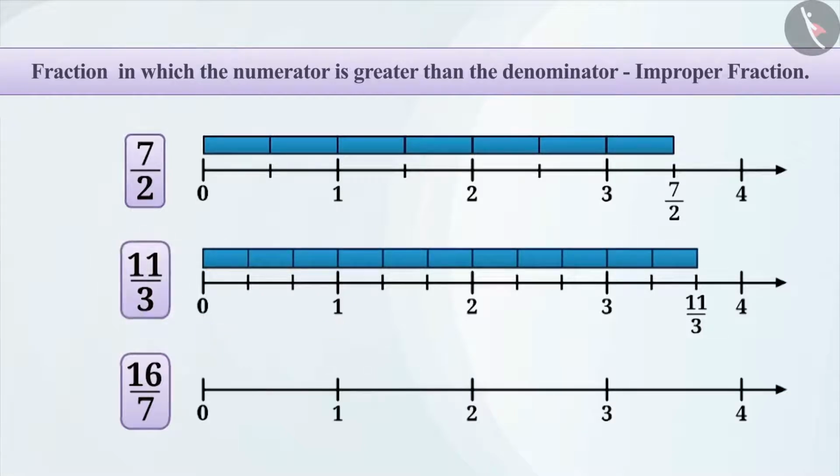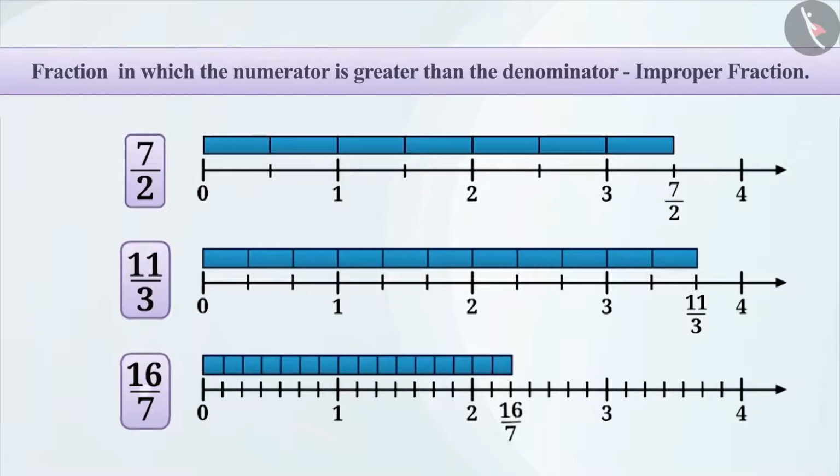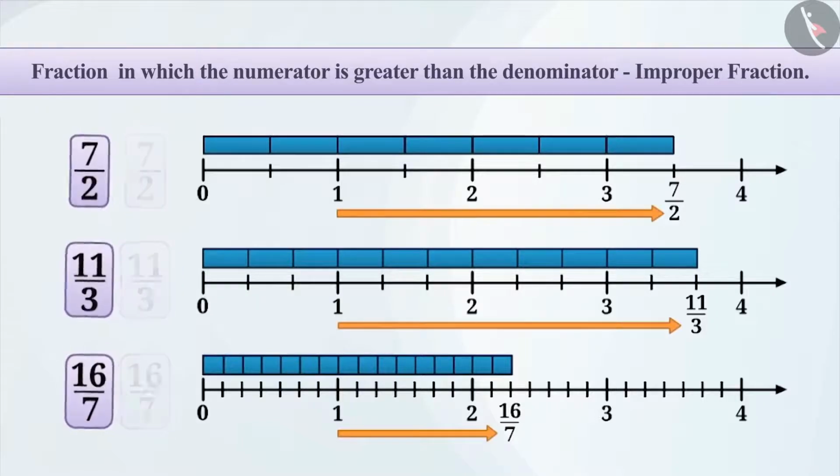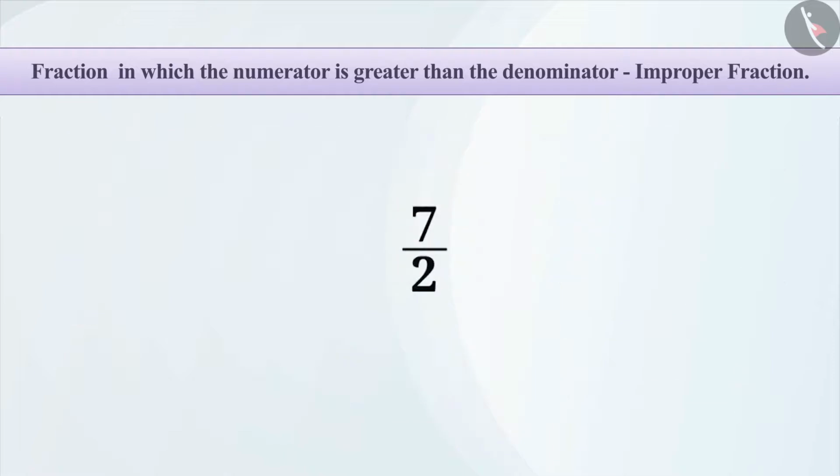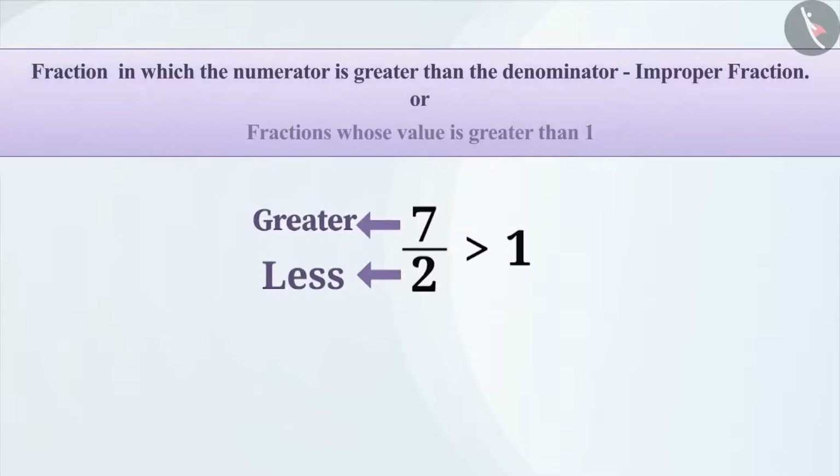Similarly, for 16/7, we will divide the unit length into 7 equal parts and take 16 such parts on the number line. As you can see, here each fraction is lying on the right side of 1. Therefore, it's greater than 1. Therefore, we can say that whenever the numerator is greater than the denominator, the value of the fraction is greater than 1. Such a fraction is called an improper fraction.